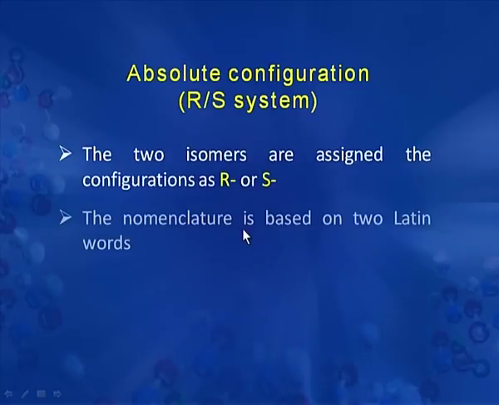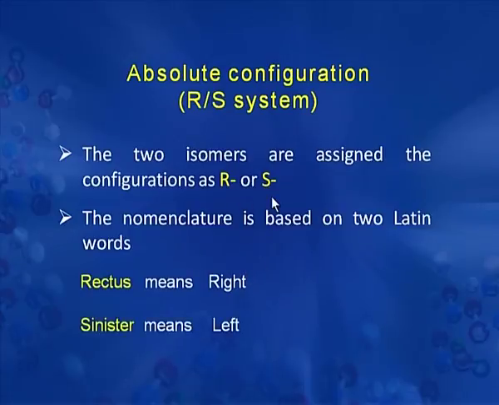In this system, R and S are derived from two Latin words, rectus and sinister. Rectus means right and sinister means left, and these two words are abbreviated as R and S. We will see what it means by right and left and how we arrive at this configuration.